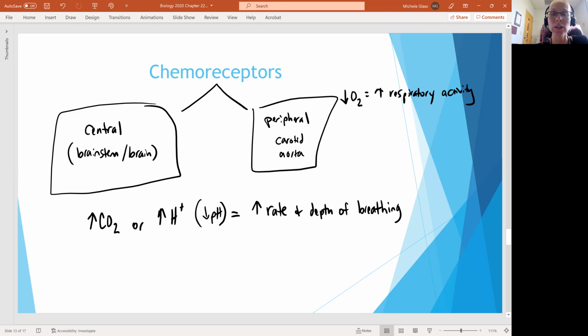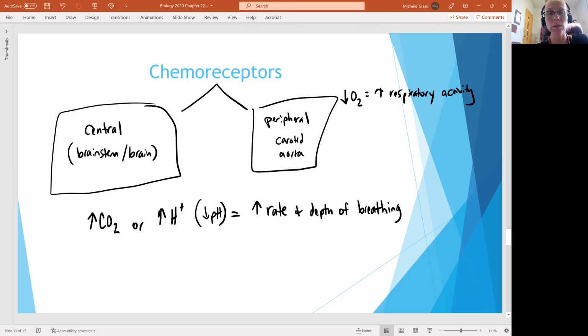Now, in order for the oxygen levels to trigger all this, those oxygen levels have to be extremely low. So typically we see it's the buildup of the CO2 or the hydrogen ion that's going to really be triggering the breathing. We don't often get to that super low oxygen level.